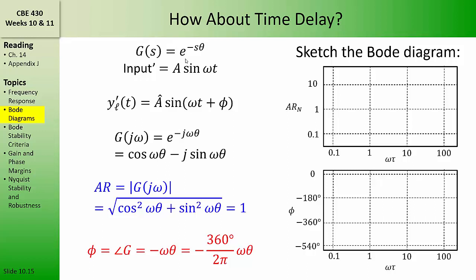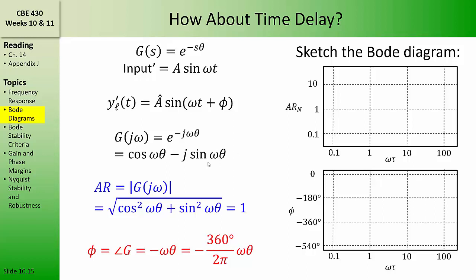But because the output is delayed in time, the phase angle is non-zero. To find the phase angle, we need to plot cosine omega theta minus j sine omega theta in the complex plane, starting at omega equals 0 and increasing omega. Now, the real part, cosine omega theta, clearly must oscillate between 1 and minus 1.